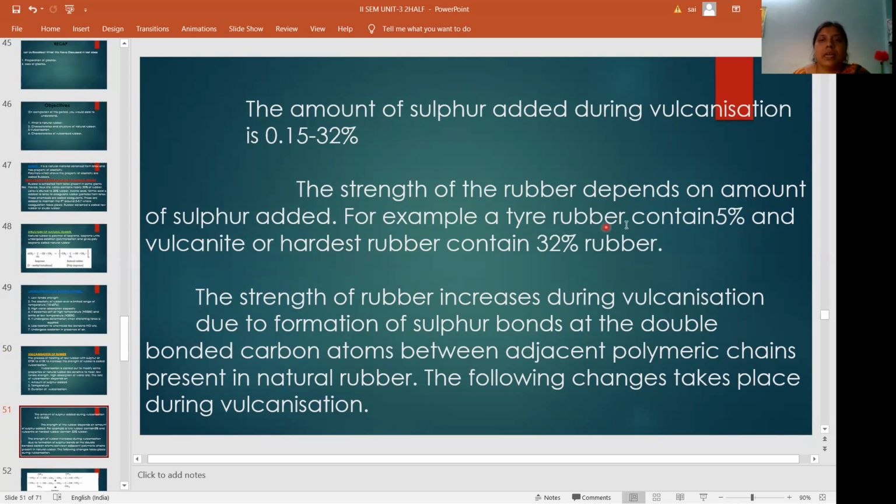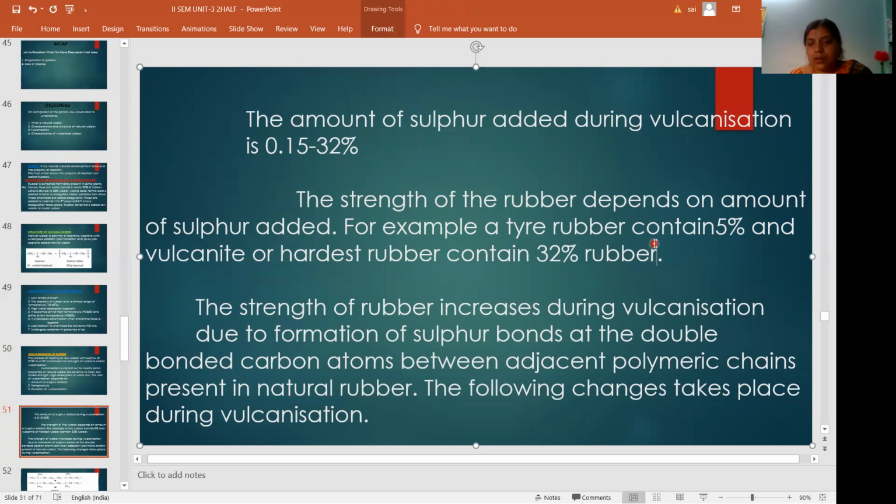For example, a tire rubber contains 5% sulfur and vulcanite, or hardest rubber, contains 32% sulfur. Generally tire rubber contains only 5% sulfur. Hardest rubber is called vulcanite, and it contains a maximum of 32% sulfur.